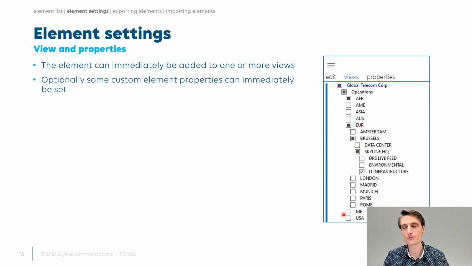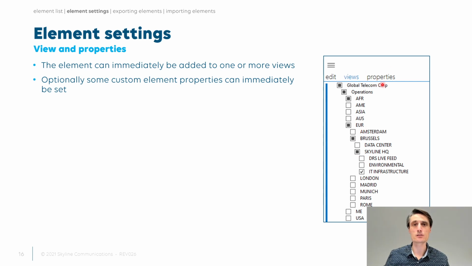But maybe I have another view somewhere down here, like a staging or just more of a logical view, an organization of all the modulators or the encoders or the servers. You can also put it in that second view. So then it's basically in 2 views. With this tree structure, you can easily select multiple views where you want your element to reside.